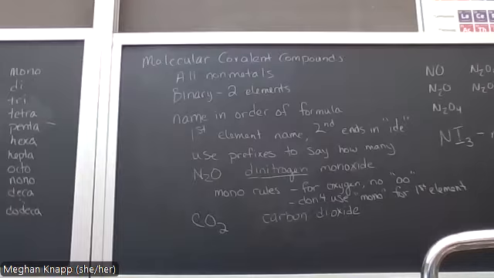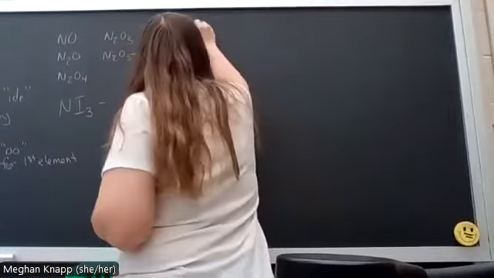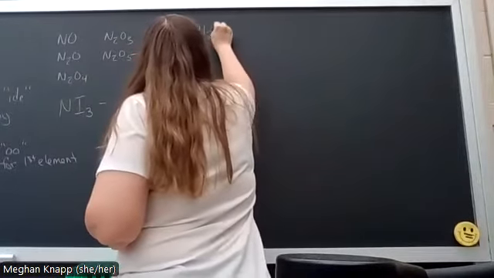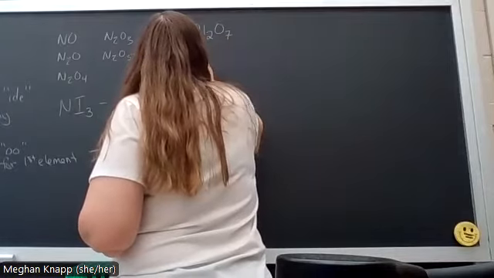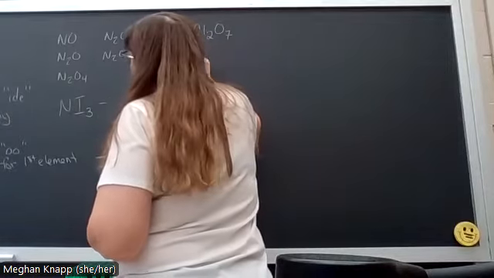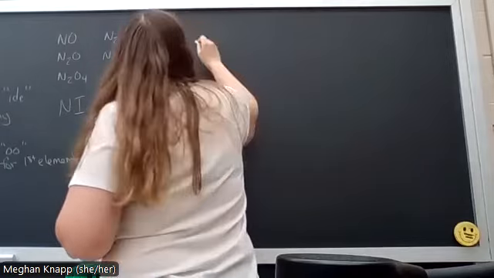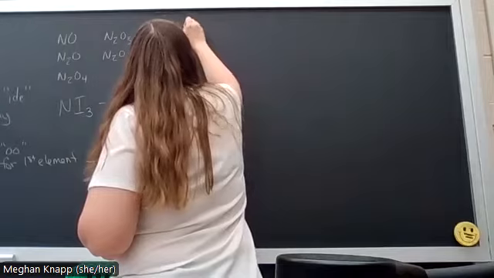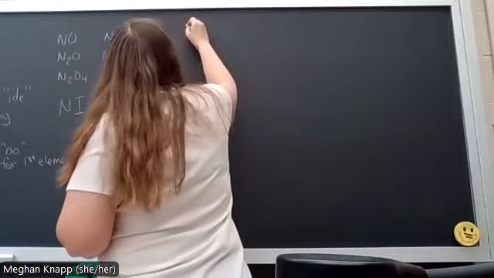Okay. So let's try going in the other direction. Let's do this one and, oh no, wait. I'm gonna need to write the names up. Okay. Here are some formulas that we don't normally call by these names, but you could.